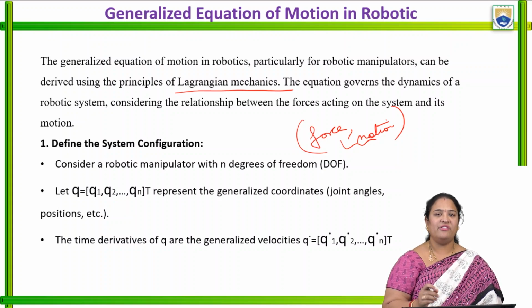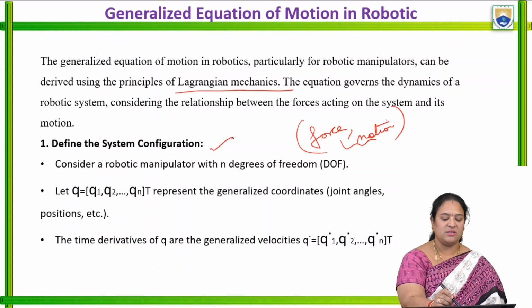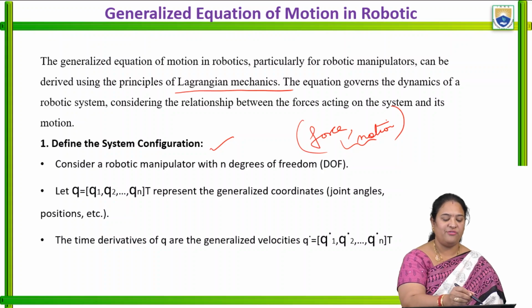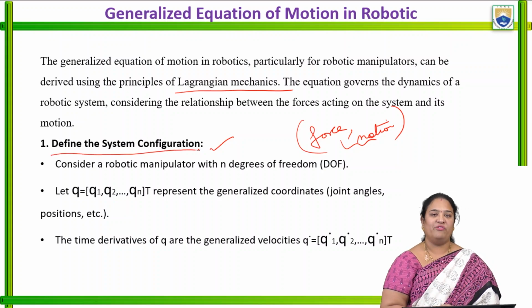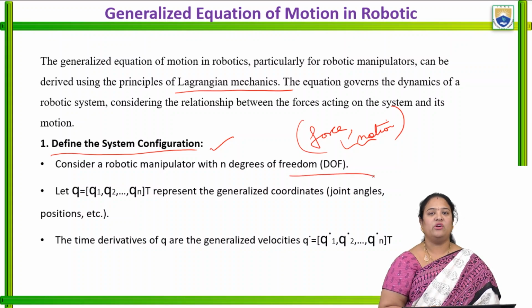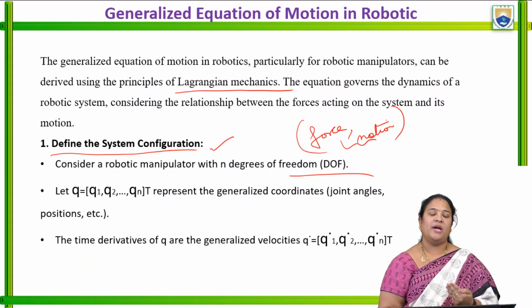The first step is to define the system configuration. When we need to write a generalized equation for the robot, we first define the system configuration. It depends upon the degrees of freedom. When we take any robot manipulator, we need to know at how many degrees of freedom a particular joint is rotating or revolving.